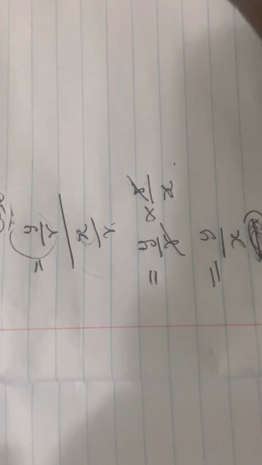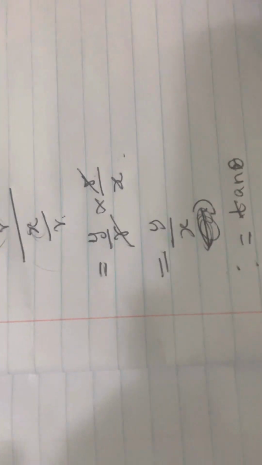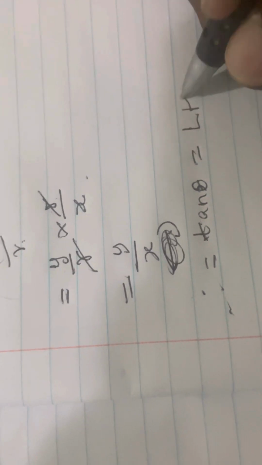Y over x. But if you remember, at first we said tan theta is equal to y over x. Therefore, we have already proven that. Y over x is equal to what? Tan theta, which is equal to the left hand side.